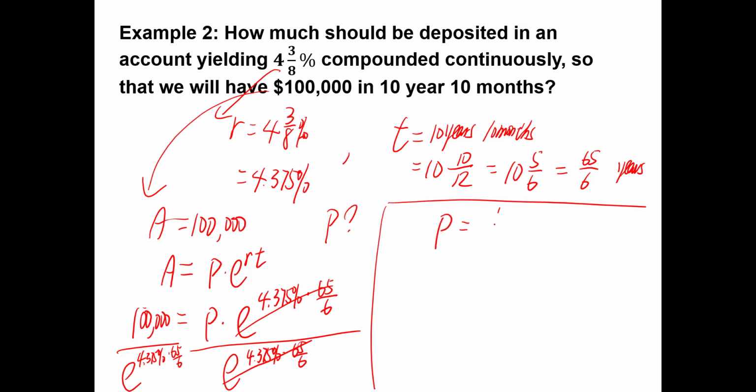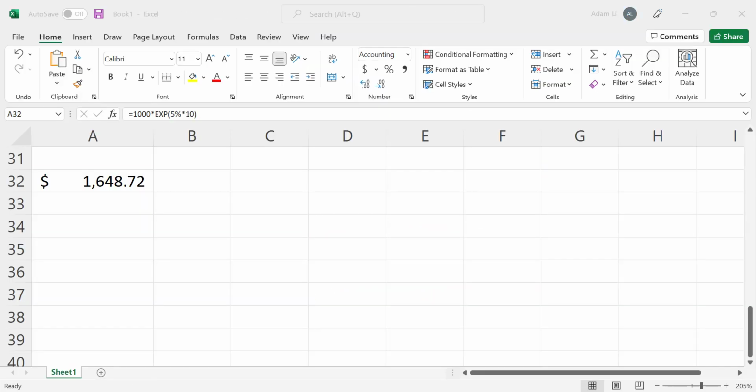P equals 100,000 over e to the 0.04375 multiplied by 65 over 6. Let's see what that is. Again, Excel is needed. Let me show you how to get that.